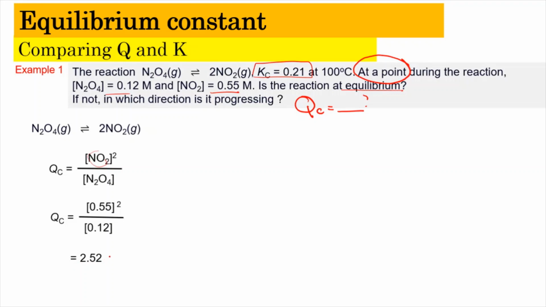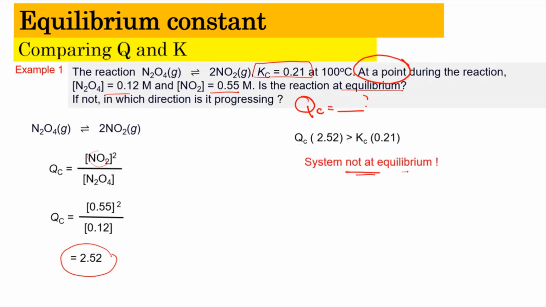As you can see here, our QC is 2.52, but our KC is 0.21. So we know that our QC is greater than KC. Hence, we know that the system is not at equilibrium. Okay, so when QC is too high, then we know that our product is very, very high.